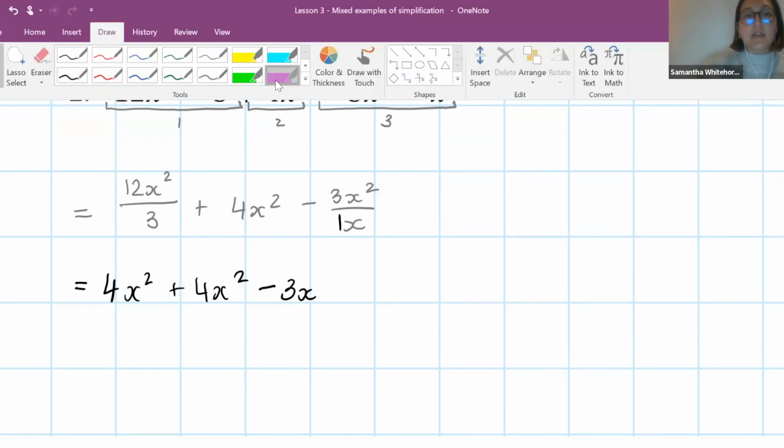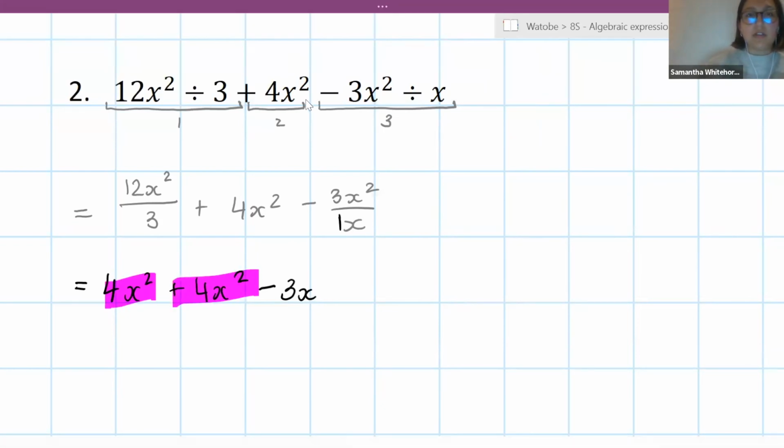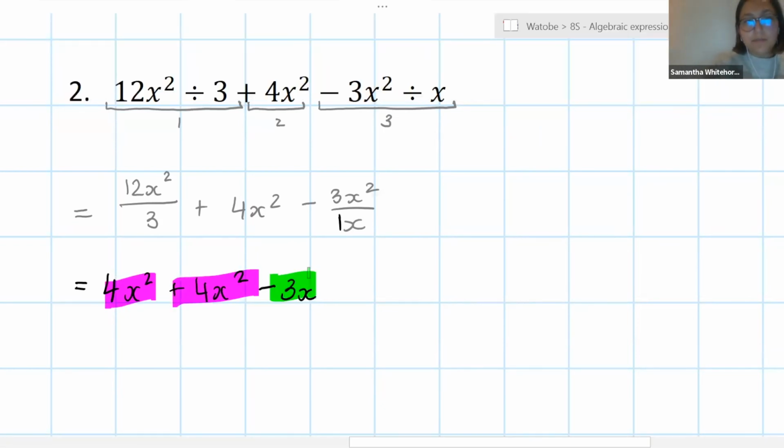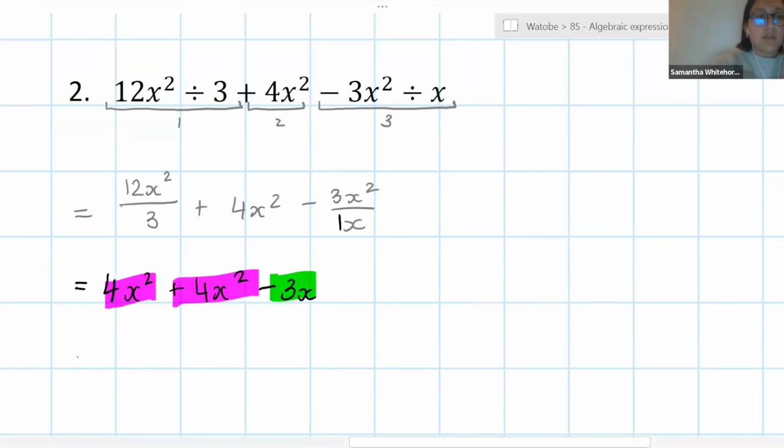Then we collect our like terms, so I've got x squared terms, and then I've got the x term. And so when I add and subtract all of those like terms, 4x squared plus 4x squared is 8x squared minus 3x. I can't add the 8x squared and the 3x, or subtract the 3x, because they are not like terms, right?